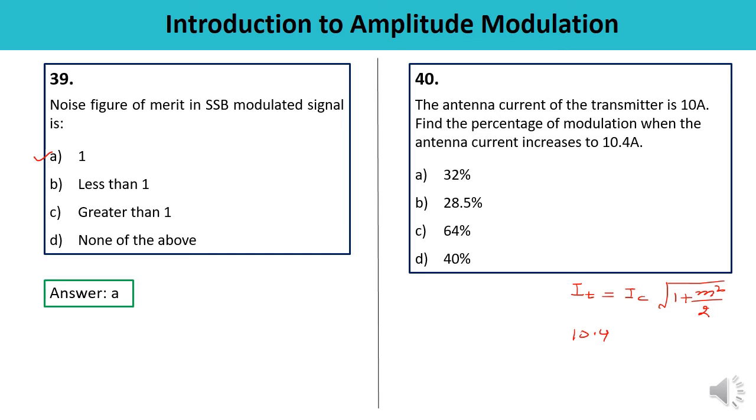This is 10.4, which is equal to Ic, that is 10, under root 1 plus m square upon 2. From here simplify m. If you simplify it, you will be getting its value as 0.285. It means 28.5%. So the correct answer is B. Correct one.